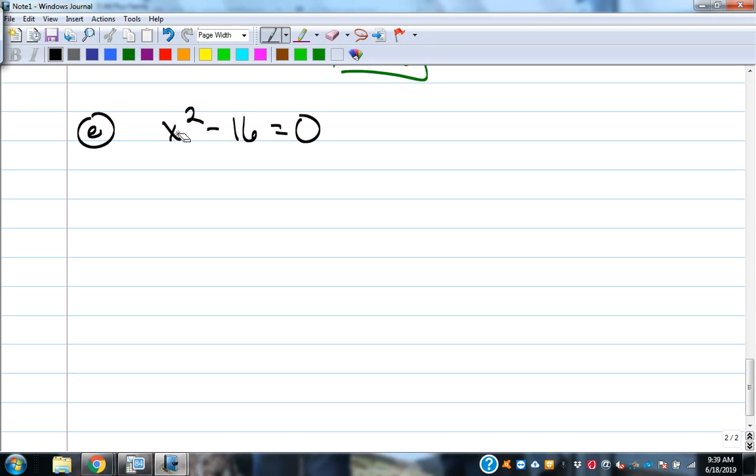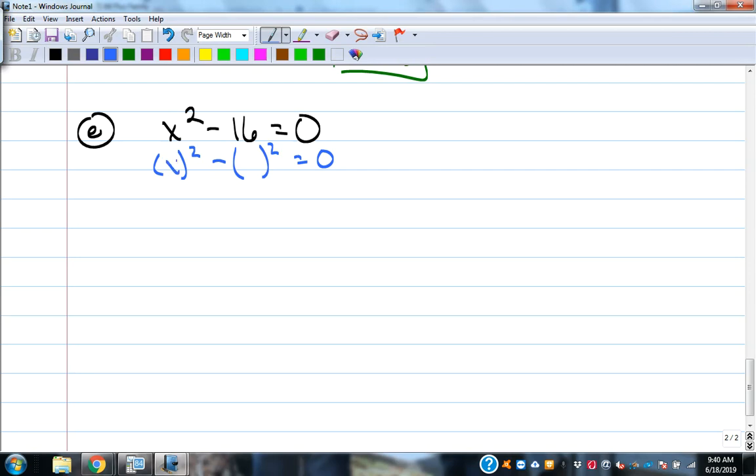Okay, so this one, it's x squared minus 16 is equal to 0. It's already equal to 0, so I know I can use factoring to solve that. Or maybe I can. Okay, so because it only has two terms, I know my only option would be differences of squares. So I'm going to try to rewrite that as a difference of squares.